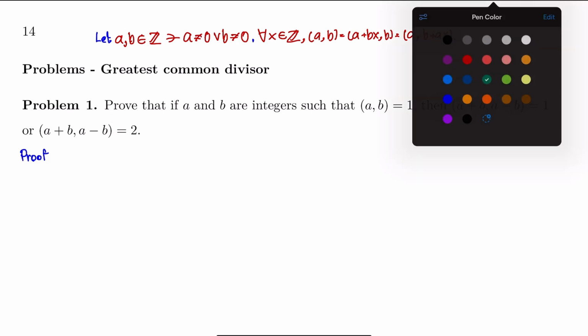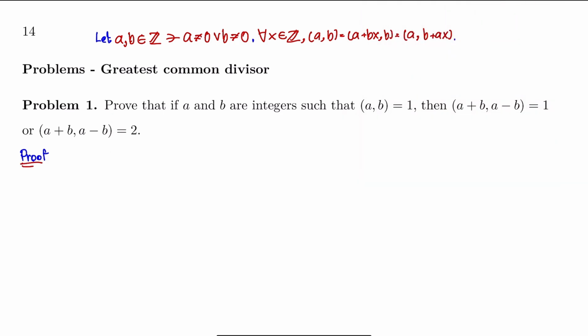The first thing I want to do is assume that a and b are integers with greatest common divisor of 1. So we gotta let a and b be integers such that the greatest common divisor of a and b equals 1.